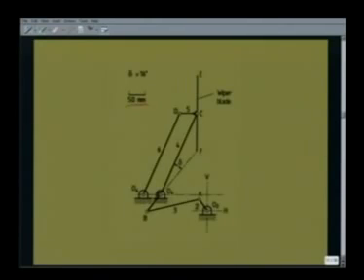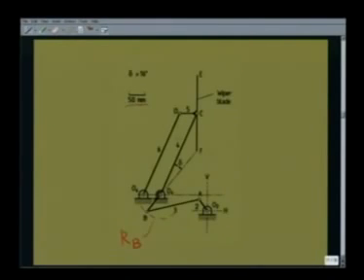For that we know, as usual, B is going along a circle with O4B as radius. This is the circle with O4 as center and O4B as radius, that we call the path of B, say KB. The extreme positions of B will be taken up when the links O2A and AB become collinear.